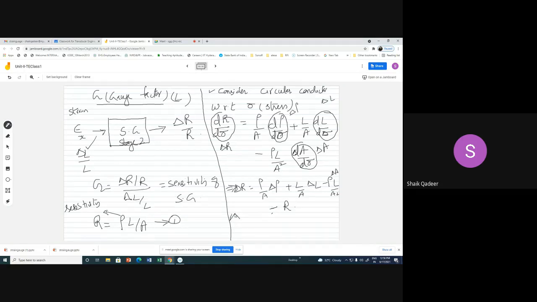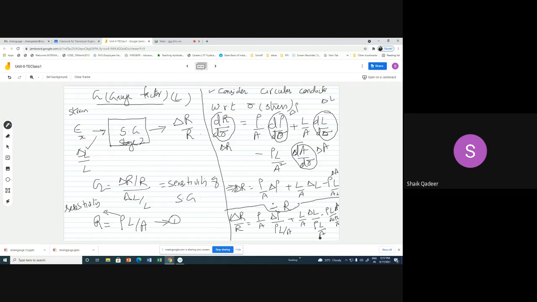So we can write delta R by R is equal to rho by A delta rho, plus L by A delta L, minus rho L by A square delta A, all divided by the actual value of R, which is rho L by A.